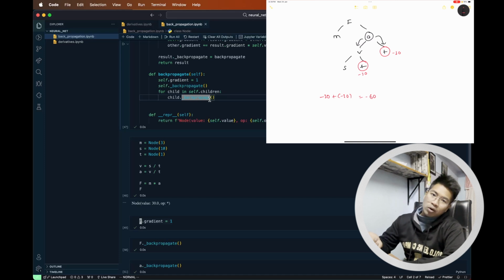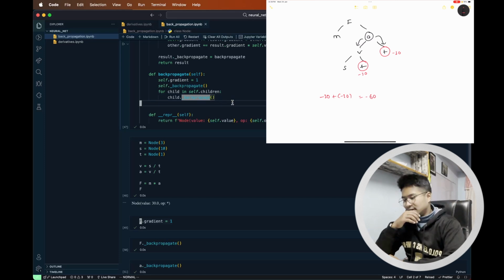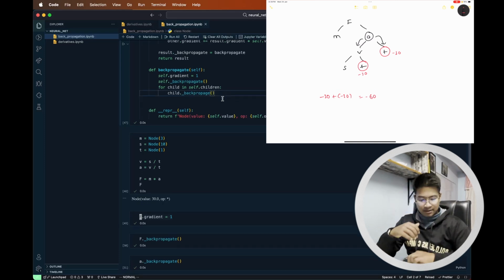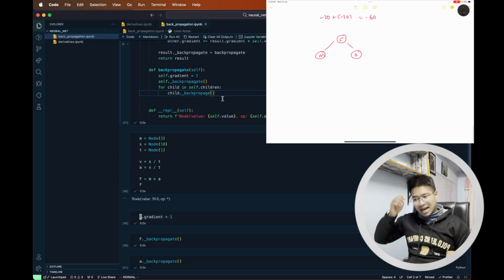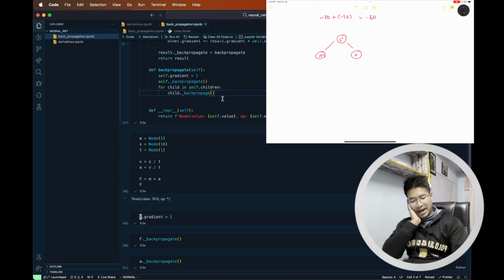That kind of looks like what we did over here, but that would only backpropagate for this f. So look at this. I have my f, m, and a. This algorithm will only backpropagate for f. It will set the gradient for f as 1, and it will backpropagate over here and over here.